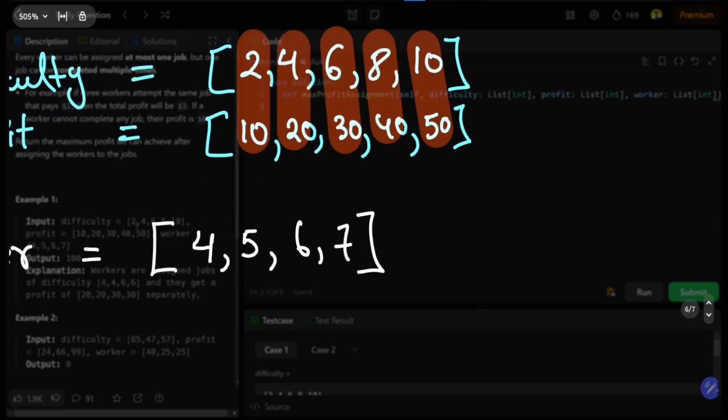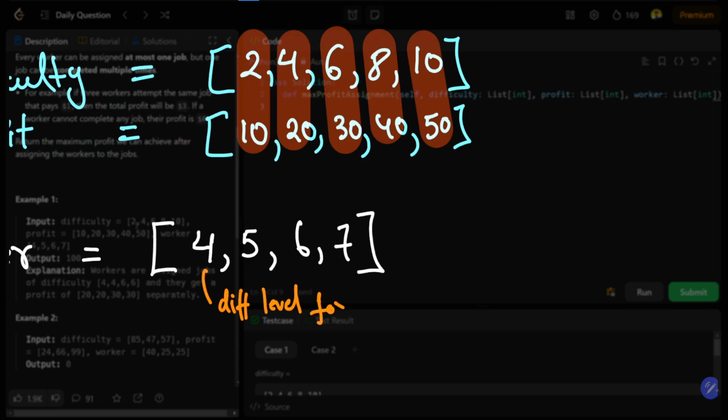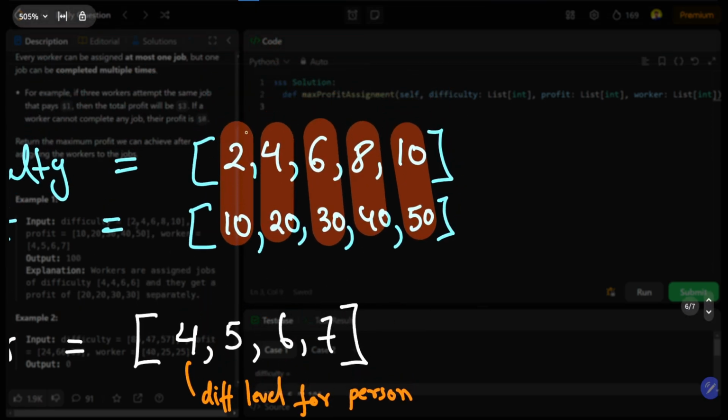So this particular person can go and do this job and this job, because this is the difficulty level for the ith person, and this is the difficulty level for a job.